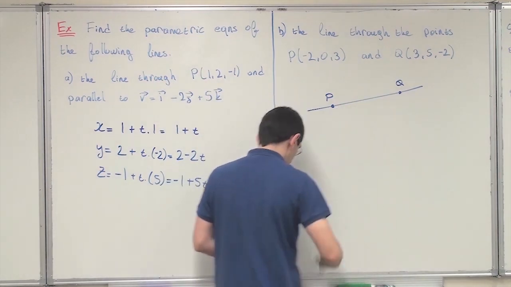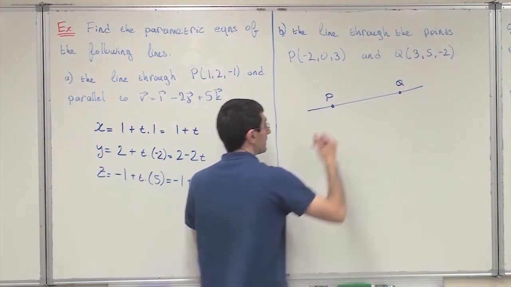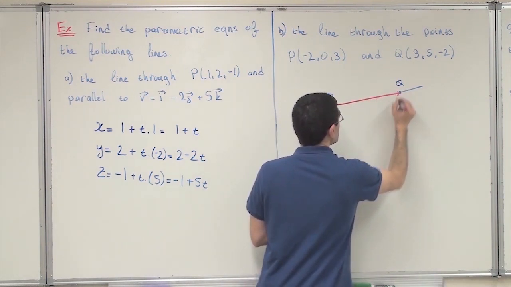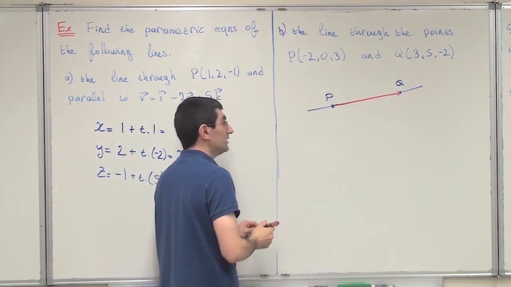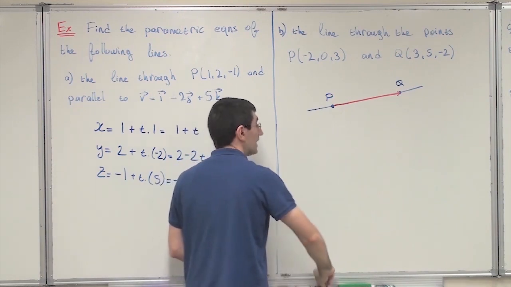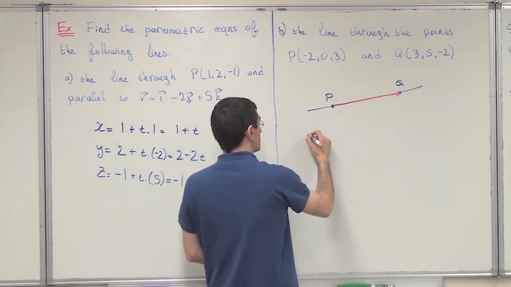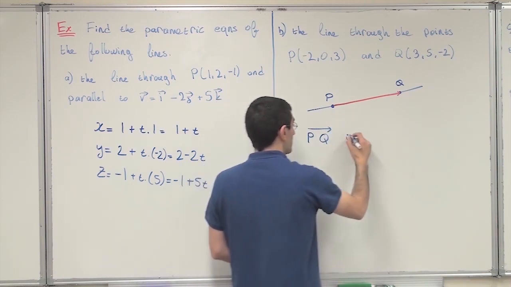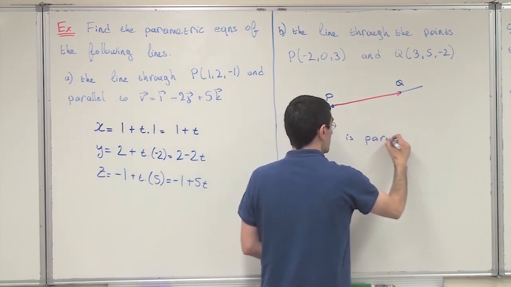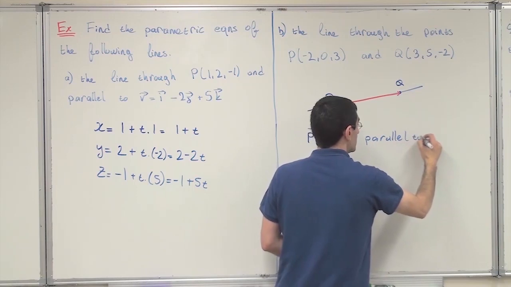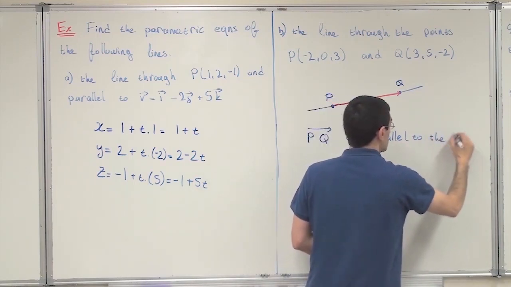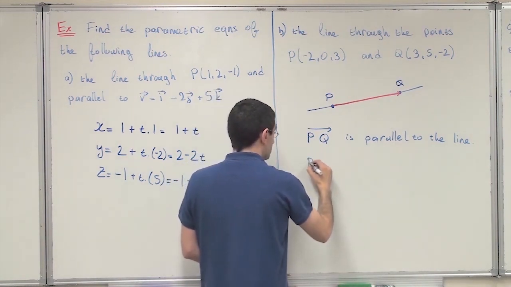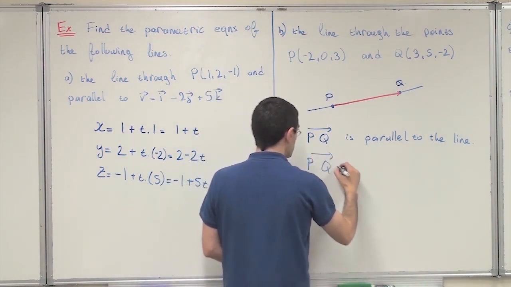So, observe that, let me mark this in a different color. The vector PQ, which is on the line, is also parallel to the line. So, let's find the vector PQ.